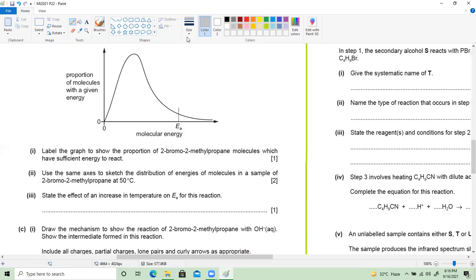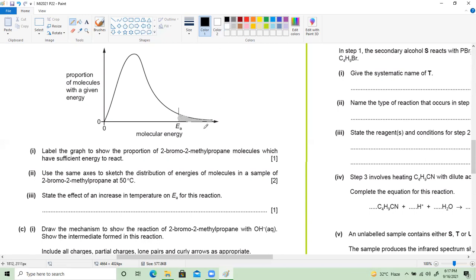So, how would it be shown? Shade the area above the activation energy. This shaded area represents the number of 2-bromo-2-methyl propane molecules which are able to cross the activation energy barrier and are producing the product here. So this is the area.